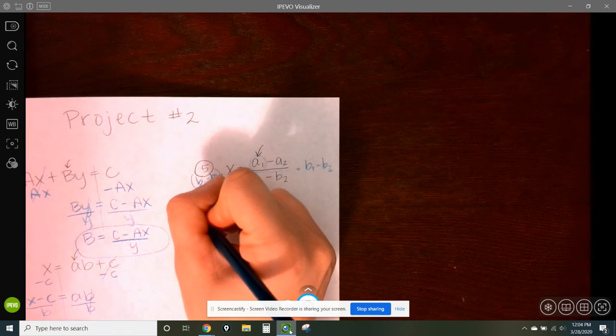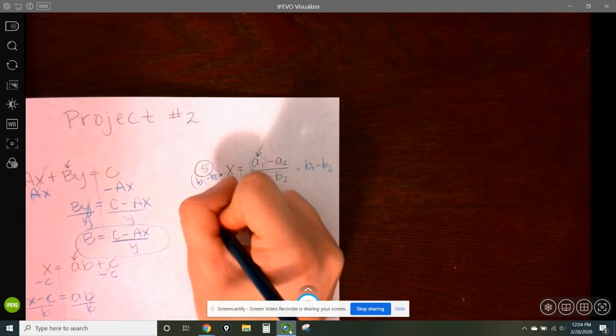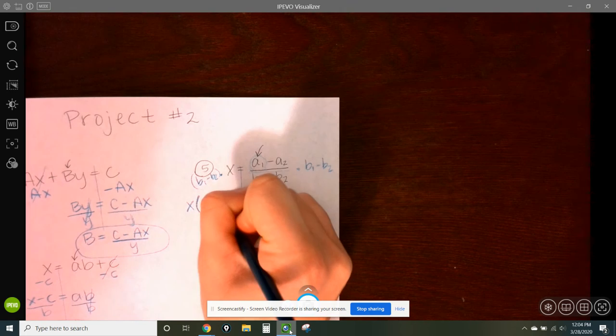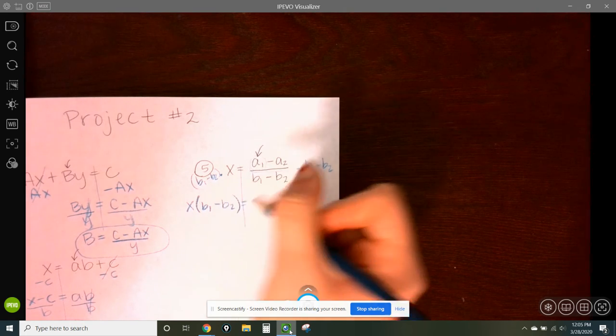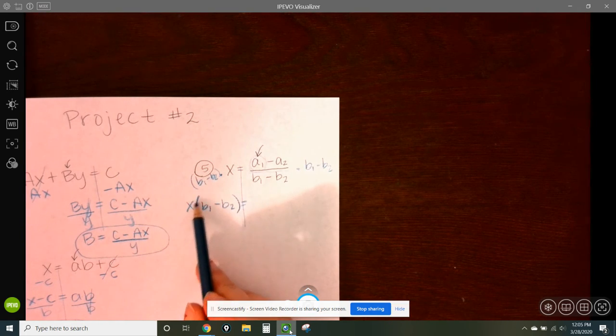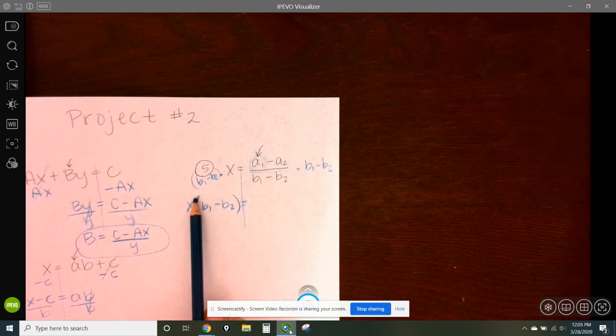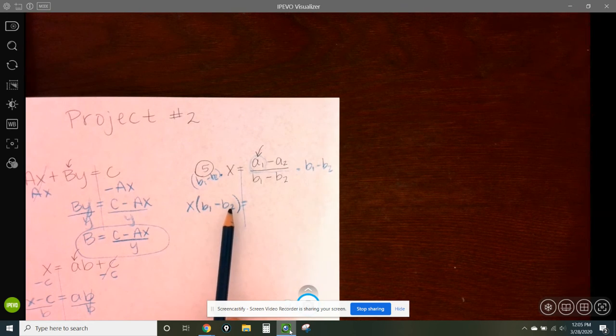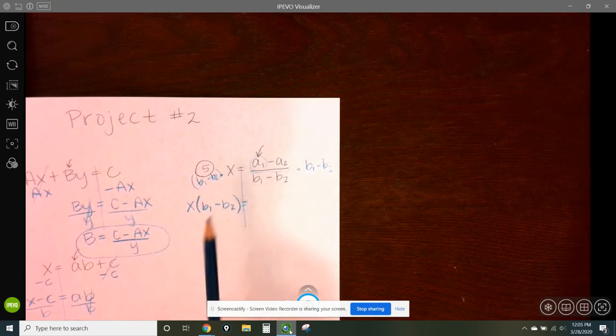So on the left, this looks like x times the whole thing, b1 minus b2. And I put that in parentheses because I'm multiplying x times this whole thing. If I didn't have the parentheses, it would look like I was just doing x times b1 and then subtracting b2. But I want that in parentheses.